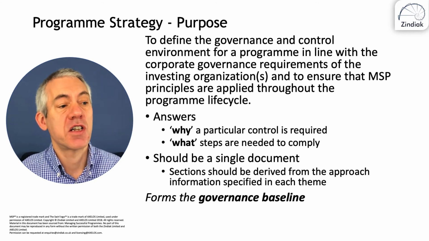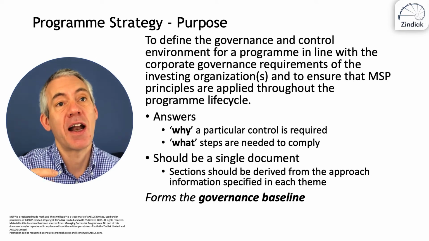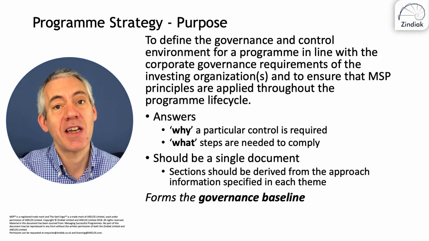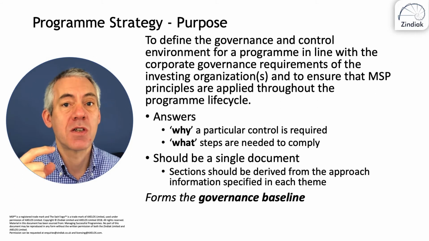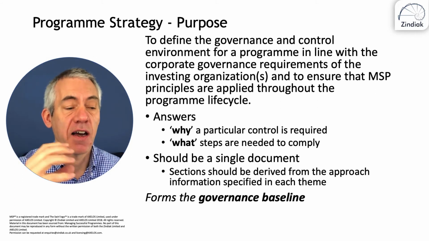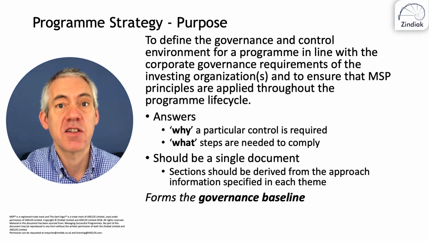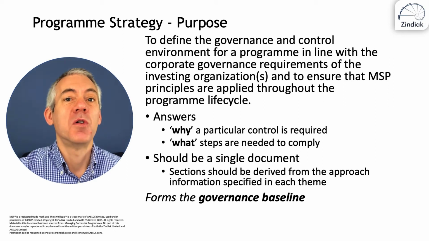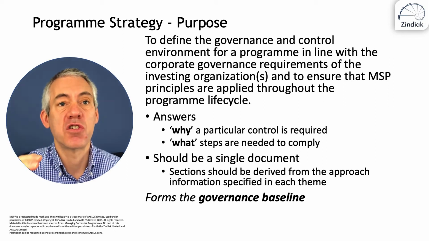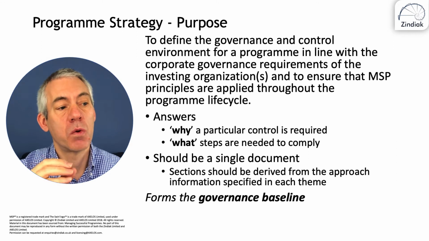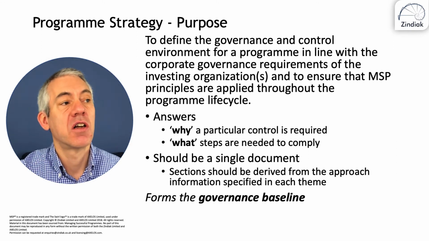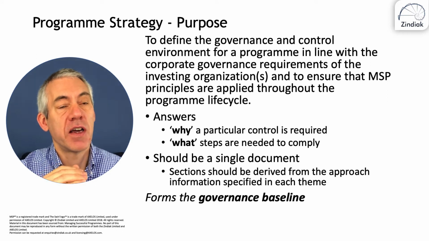The program strategy should be a single document, and the sections should be derived from the approach information specified in each theme. And as we go through each theme, we will go through the approach information for the program strategy.